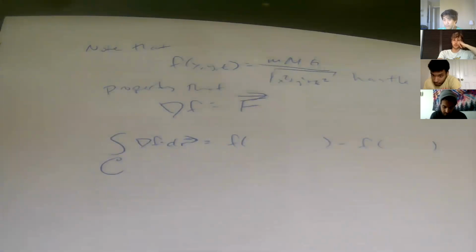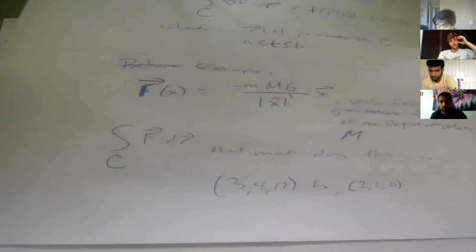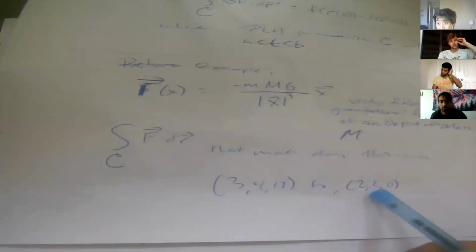You're asking what A and B are? A and B are times. R of A and R of B are points. Notice there's no notion of time here. All I said is the curve goes from here to here. So these are my points.